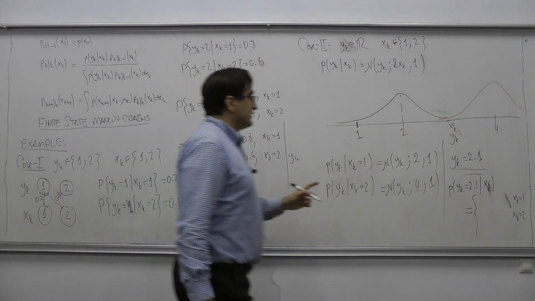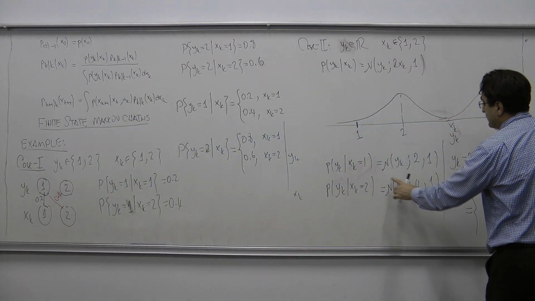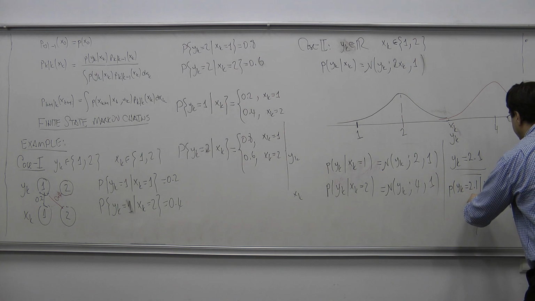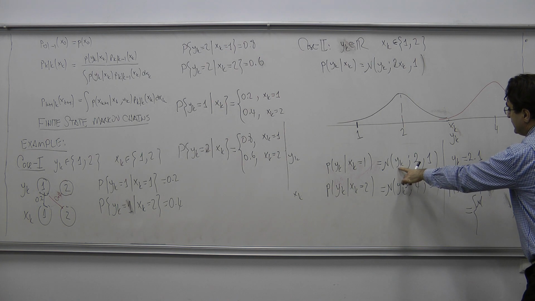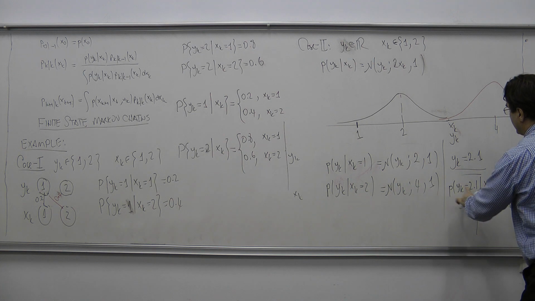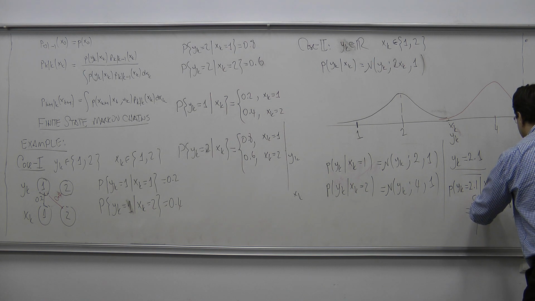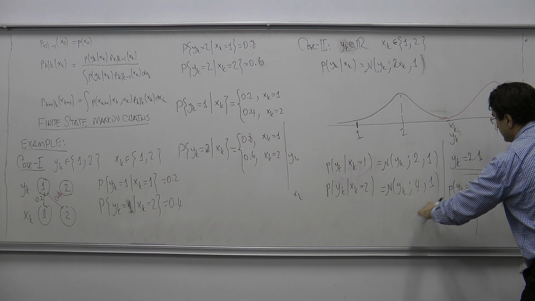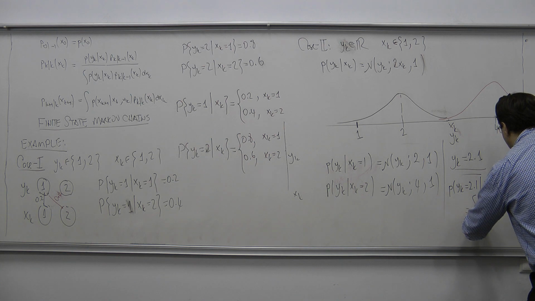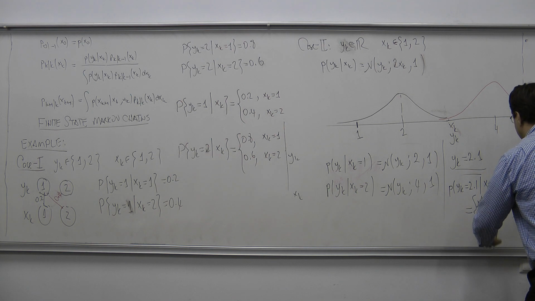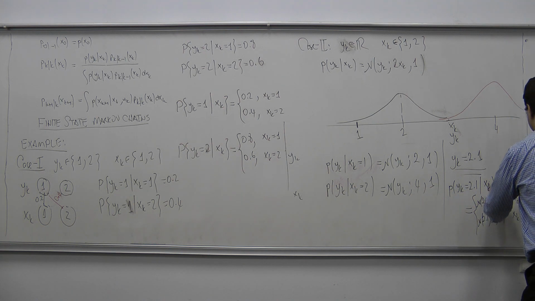When I fix this, I'm going to obtain the following values. This is the case when xk is equal to 1. So this is going to be the evaluation of this normal distribution at point 2.1, with mean 2 and variance 1. And the second case is going to be normal evaluated at 2.1 again, with mean 4 and variance 1.